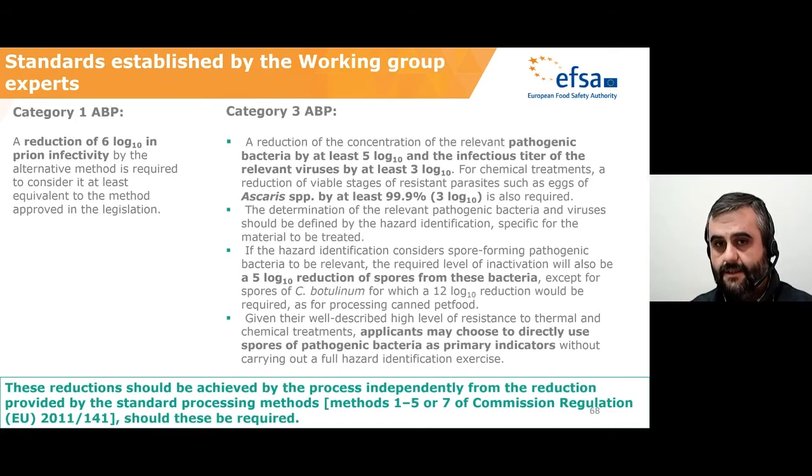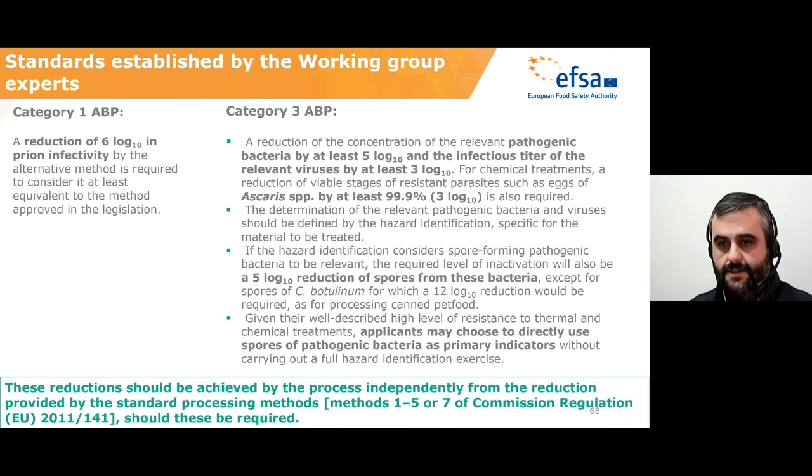That means it will depend a lot on the raw materials, on the type of subcategory of ABPs, and the origin. So imagine the species of origin, whether they are coming from ruminants or non-ruminants, a particular type of tissue, or a different ABP material subcategory within category 3.